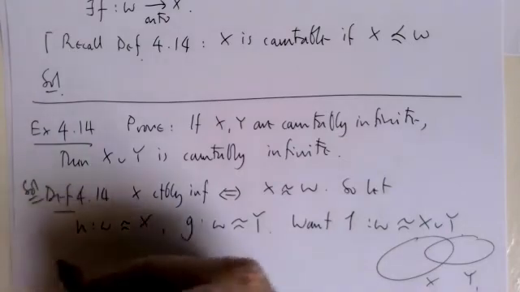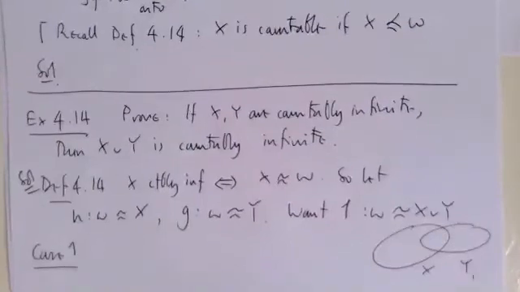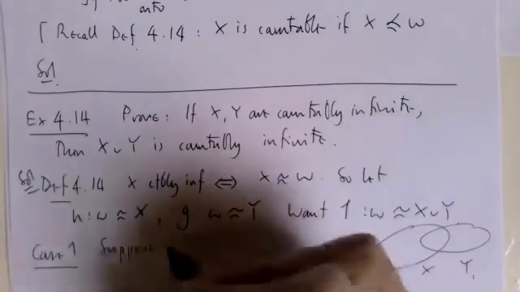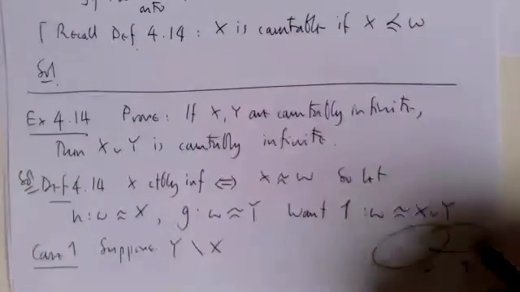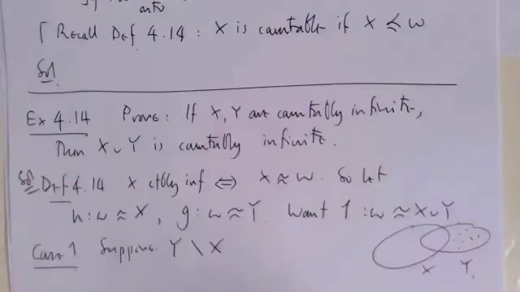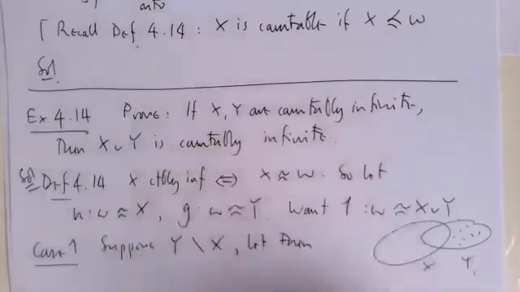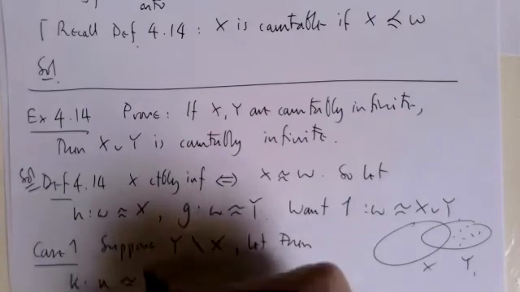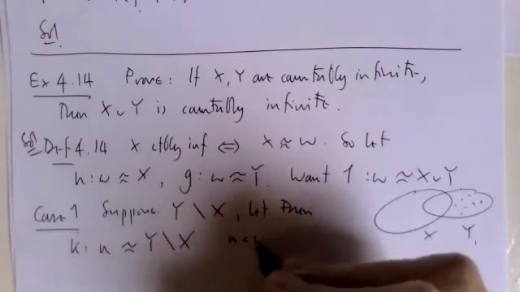Okay, so how I set this out is the following. Suppose there's only finitely many things that are in y but not x. So this stuff is finite down here. So let K then be a bijection with this stuff. Here n is less than omega.